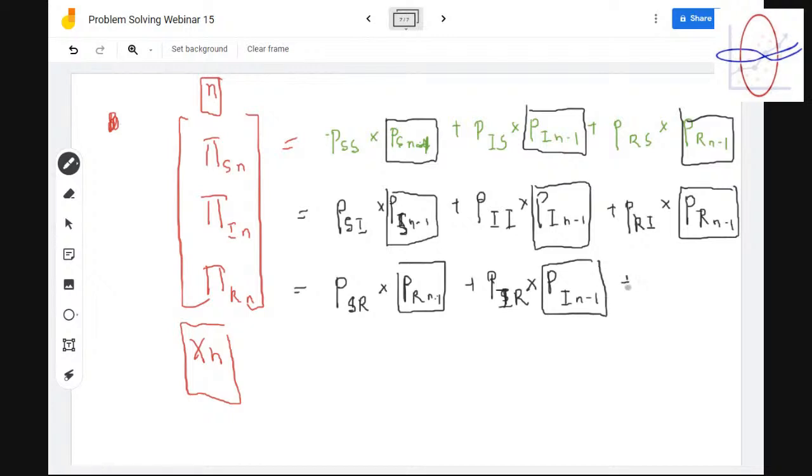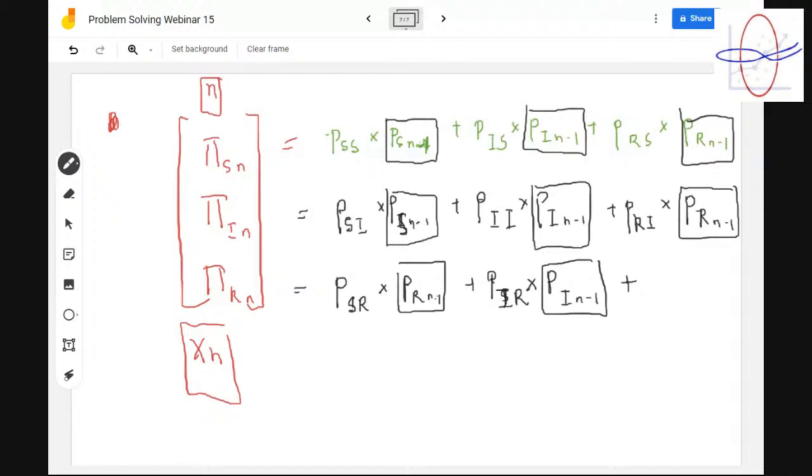I will tell you what that is. That will not be equal. It's intuitive, it's not equal. The probability of becoming susceptible from infected is not the same as the probability of becoming infected from susceptible, right? It should not be the same.